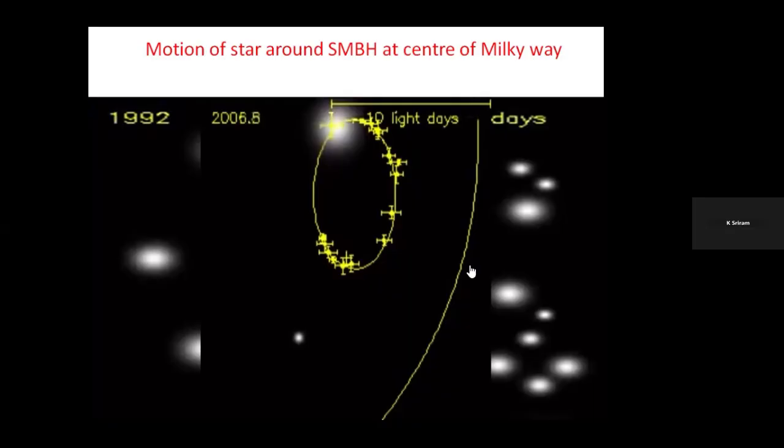Of course, for other galaxies, we cannot perform such studies because your resolution has to be very, very high. Even with a 100-meter or 200-meter telescope we cannot do that. So we have to rely on other methods. What is the other method?